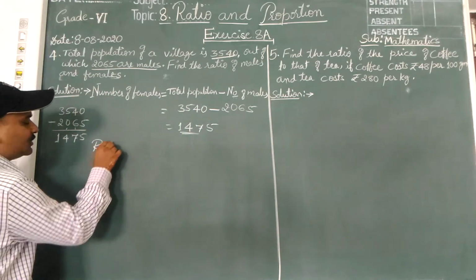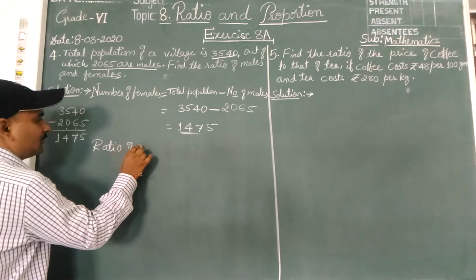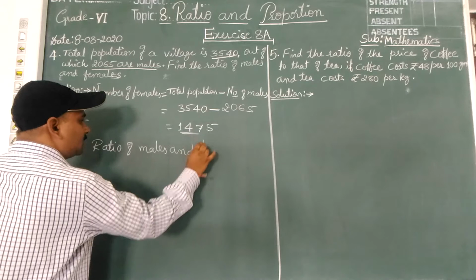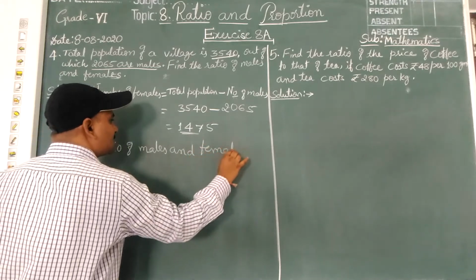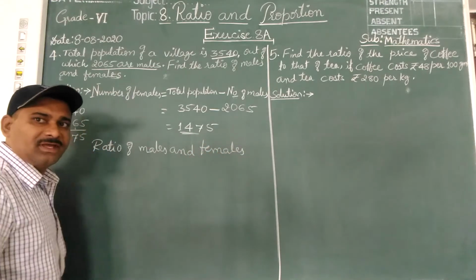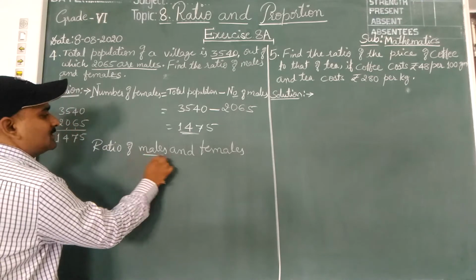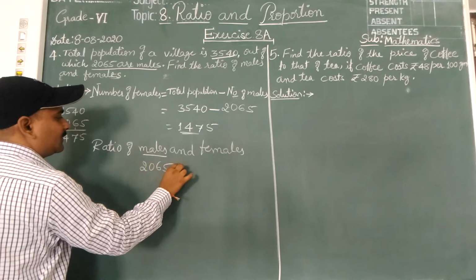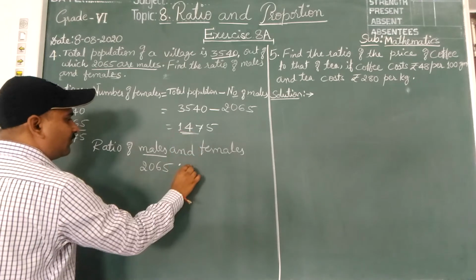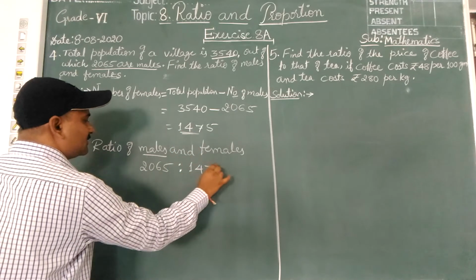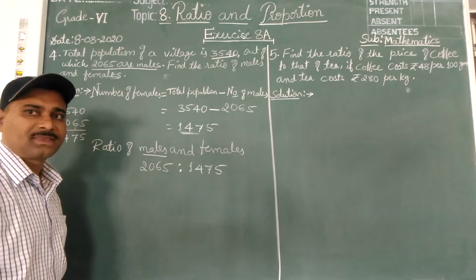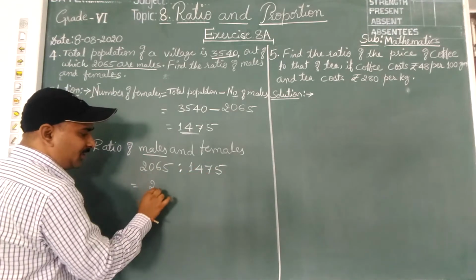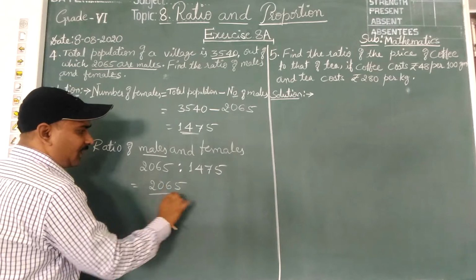Now ratio of males and females. How will we get? Males is here 2065 ratio is to females 1475. So ratio can be written as fraction.